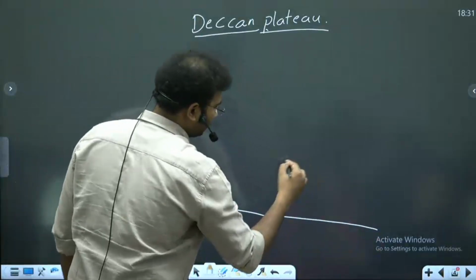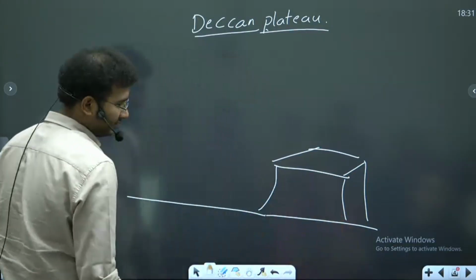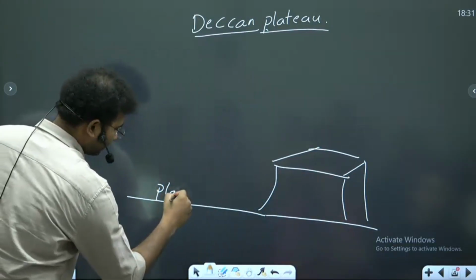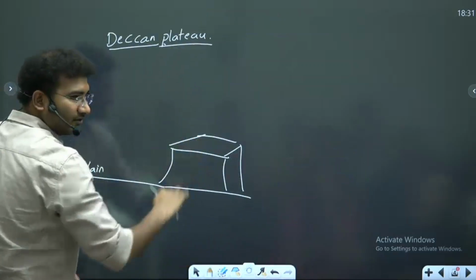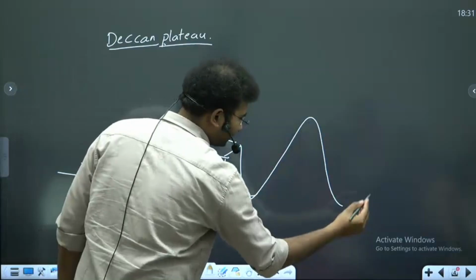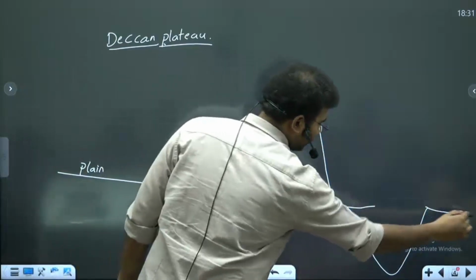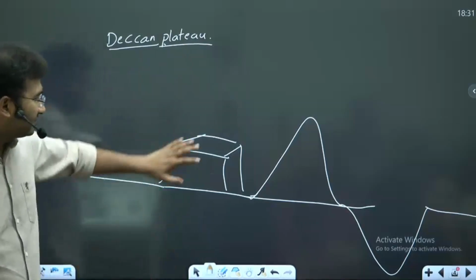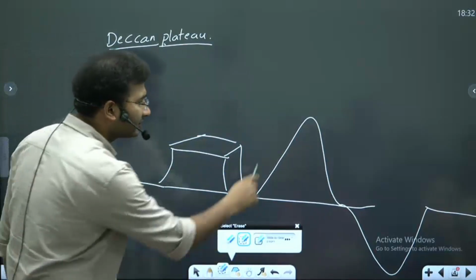If suppose this is a plateau area, right? Plateau is a raised land which is a plain area. Then if you look, this is a mountainous area, right? This is a valley, right? Depressions. So that means we are talking about how this kind of landforms formed in India.